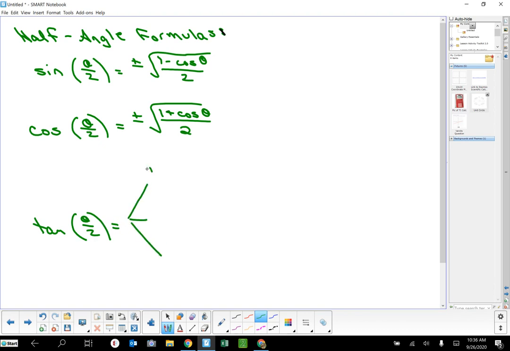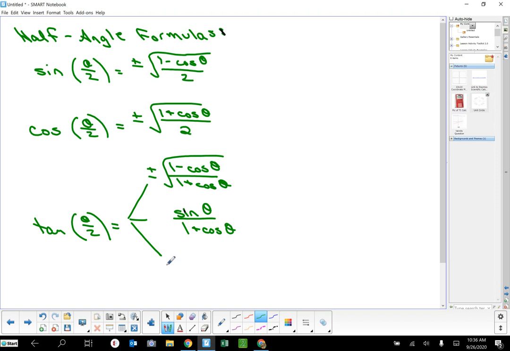And they look like plus or minus the root of 1 minus cosine of theta over 1 plus the cosine of theta. And then the middle one is sine of theta, no root, over 1 plus cosine theta.